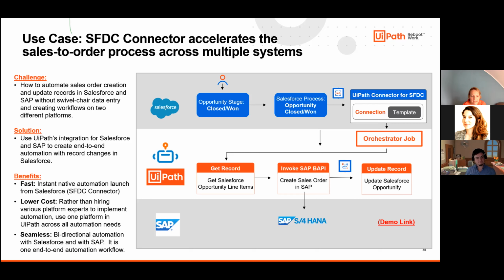Also in Salesforce, there is a notification that the sales order for this specific opportunity has been created in SAP. Now, the real benefit of this is that you have almost like a simulation of a one-on-one integration, but with additional benefits. You're not only able to have the one-on-one integration with SAP and Salesforce, you also have the capability to trigger this event automatically, plus add other applications as well in your process.